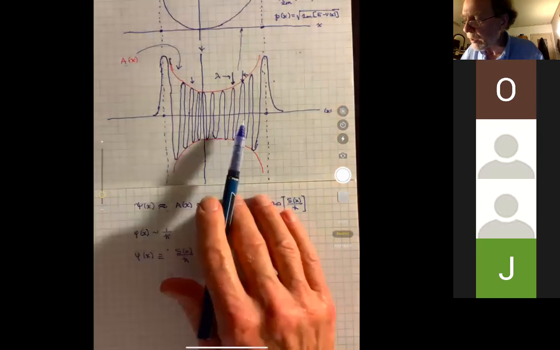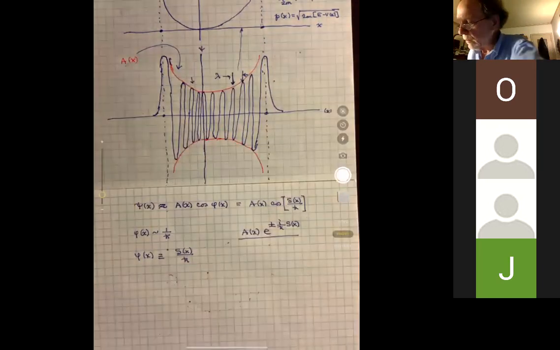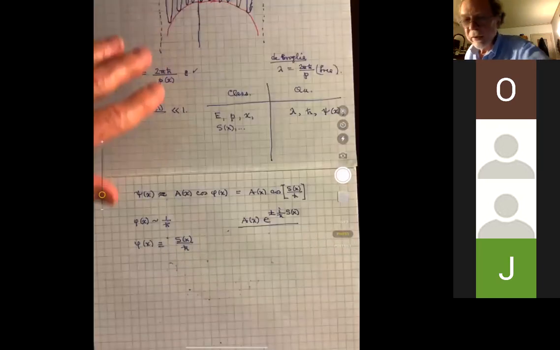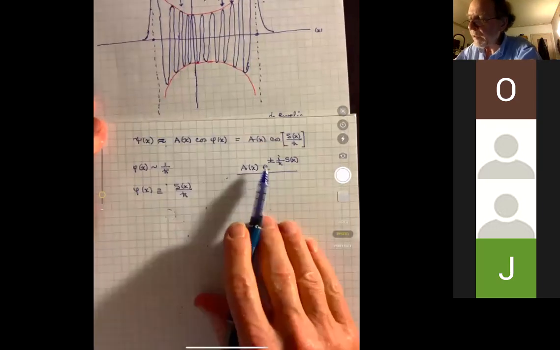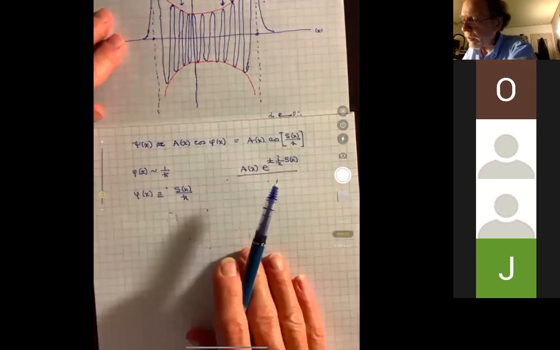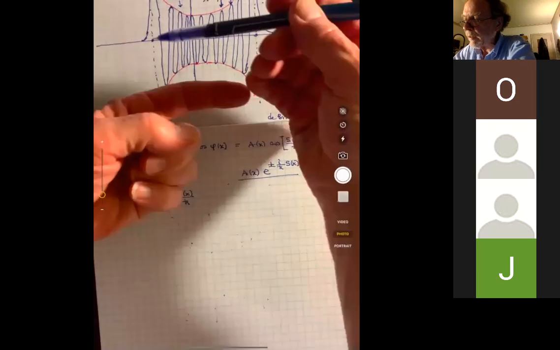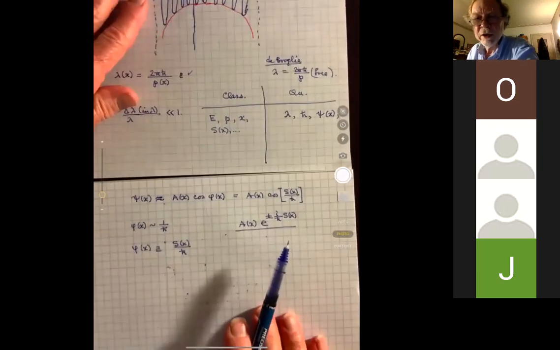The cosine oscillations that you see are the interference between the two waves going in the two directions. In some sense, these complex waves are independent solutions in this inner region, and a linear combination of the two is needed for boundary conditions, but it's a linear combination of the two that gives you the oscillations that I've sketched here.